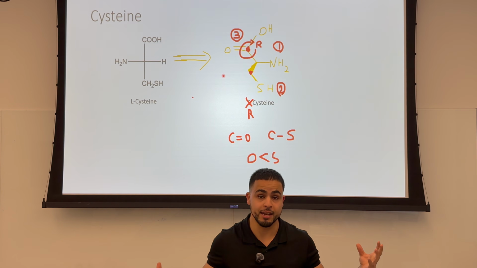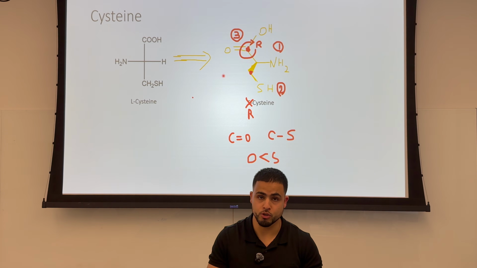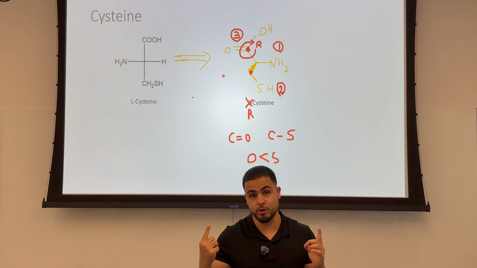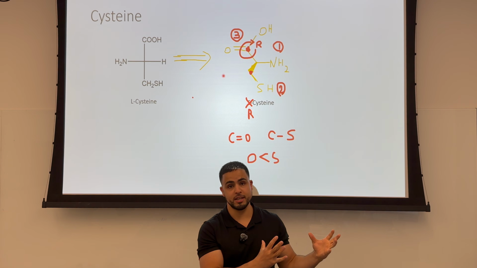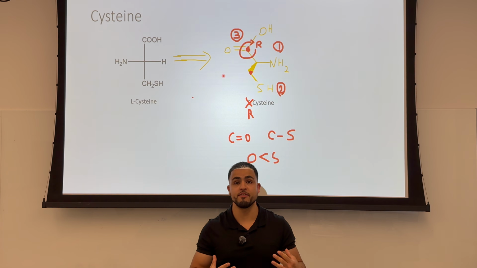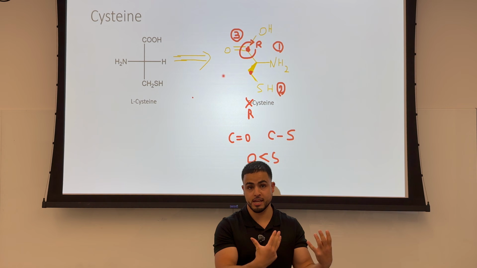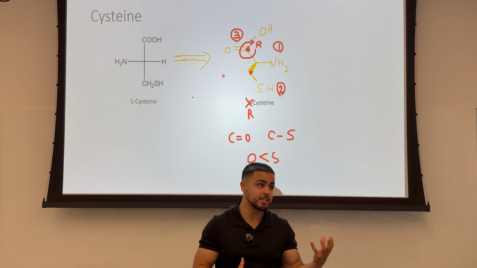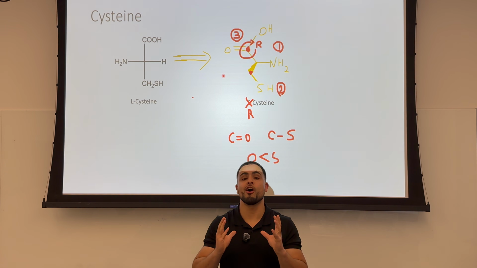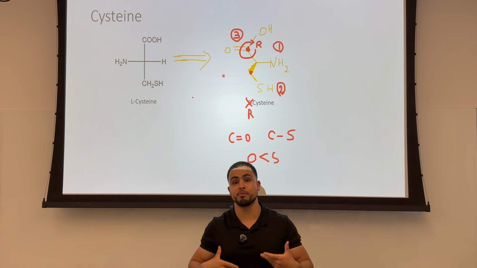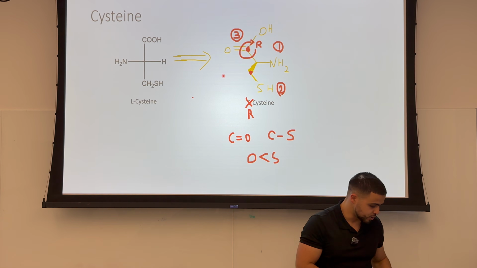Can ribosomes incorporate it into proteins? You might initially think yes, because recall how all the other amino acids, if they're in the S absolute configuration, then they have the L classification, and the L classification is the one that will be incorporated into proteins. However, in the case of cysteine, you need that R absolute configuration, which has the L classification and will be incorporated into proteins.